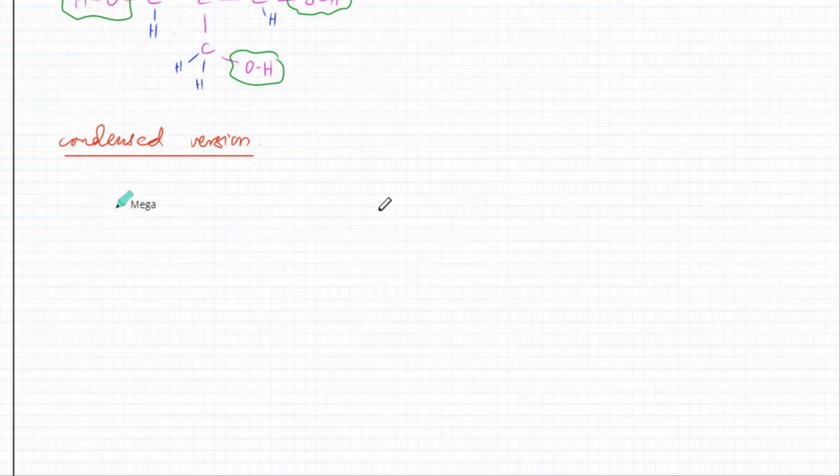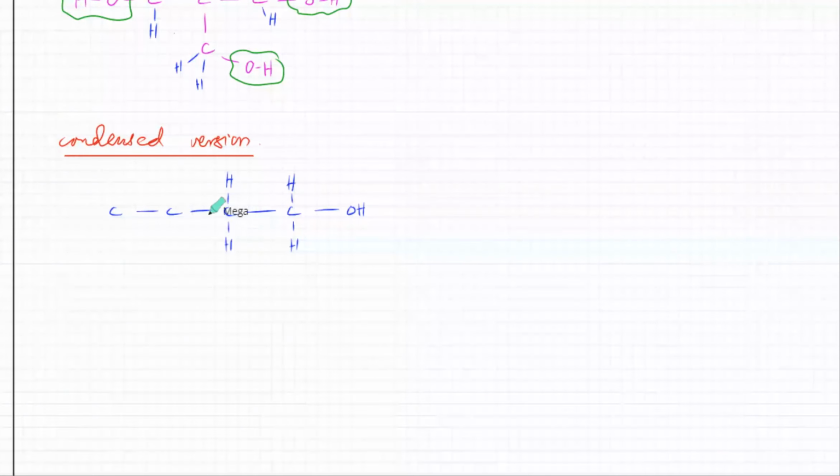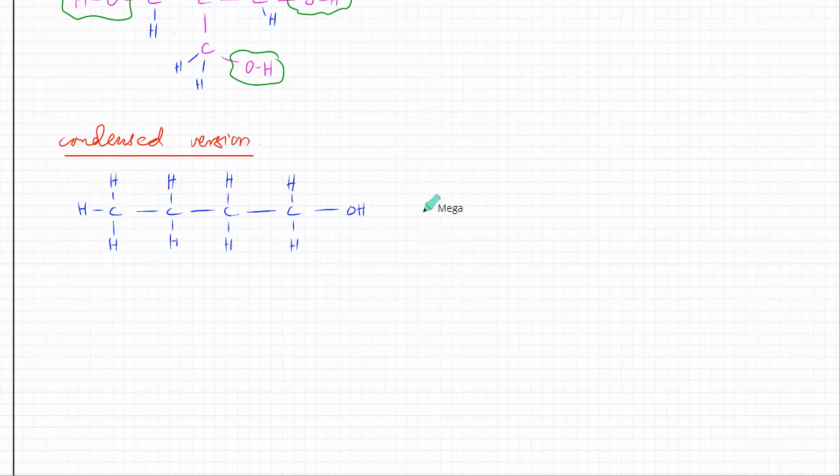For example, if I have this molecule and OH, completing all the bonds, that's going to be 3 hydrogens. Now if you look at this molecule over here, I'm going to draw the condensed version. There are 4 carbon atoms. Let me draw those 4 carbon atoms. The first carbon atom is attached to 3 hydrogens.